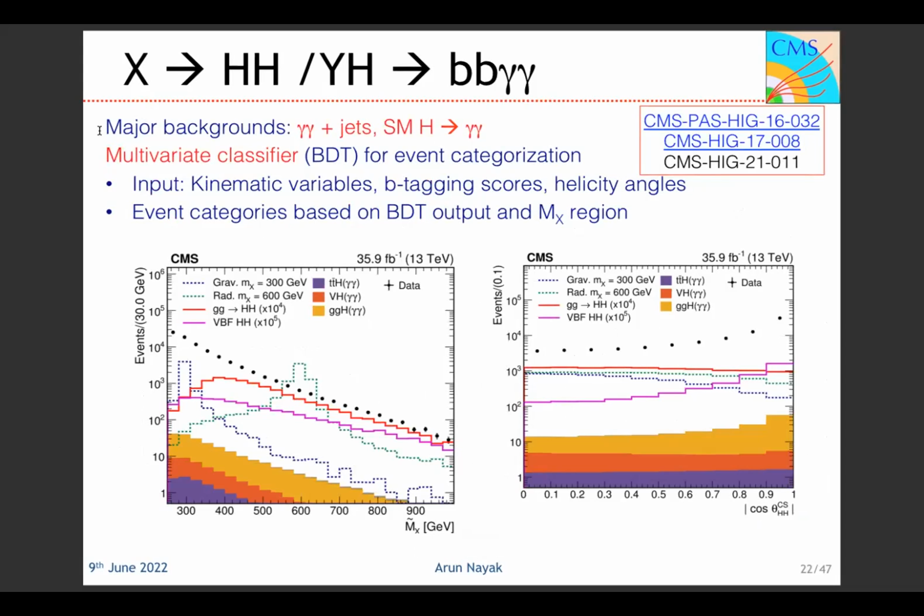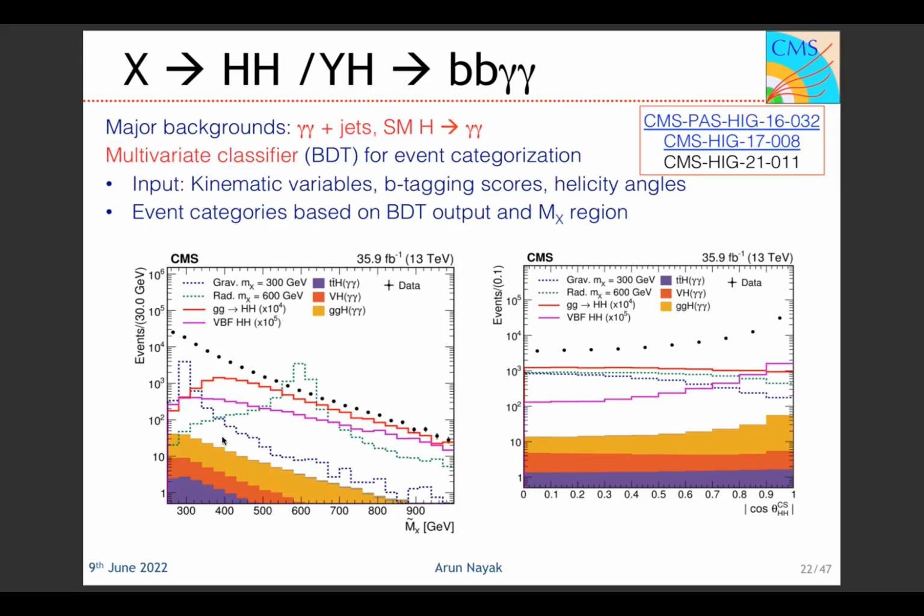In this case, the major backgrounds are gamma gamma plus jets, and standard model Higgs to gamma gamma is also one of the backgrounds. So they use multivariate classifiers to categorize the events. The inputs to these classifiers are basically kinematic variables, b-tag scores, and the helicity angles of these events. Then you divide the events based on the BDT output and also the mass regions.